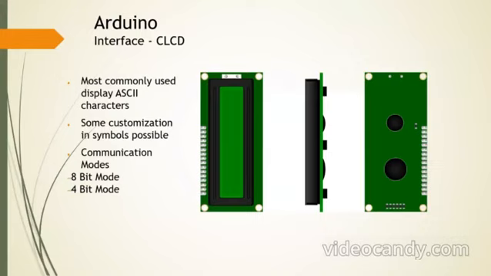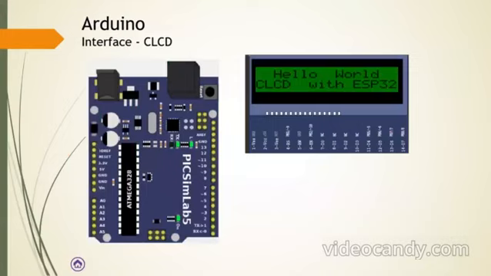Next, the CLCD interface actually looks like this. This is the CLCD, which again has 14 pins. We need to connect the pins, so I will just explain which pins we need. The 11th pin will be connected to the 5th pin, as well as the 12th pin, which will be connected to 6.